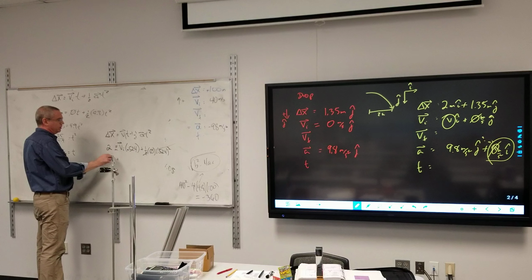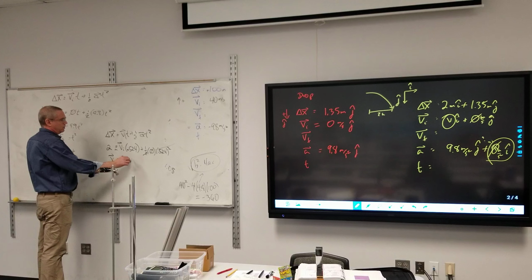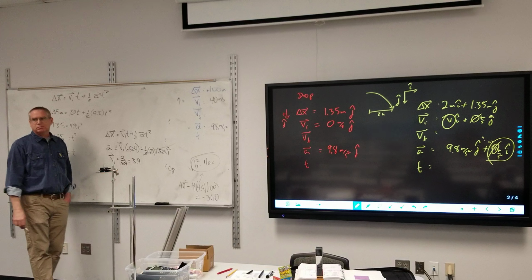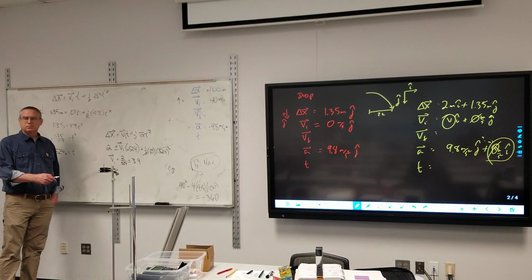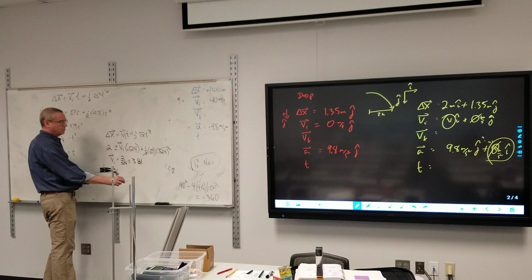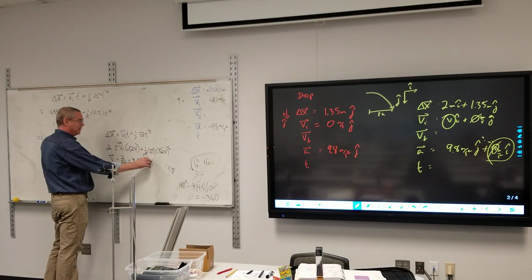And so my initial velocity would be 2 divided by 0.524, which is 3.81. Units? Meters per second.